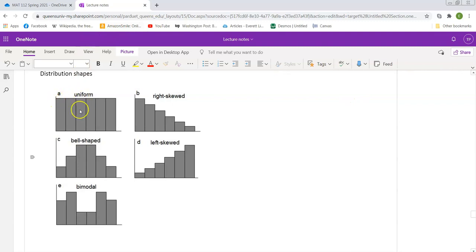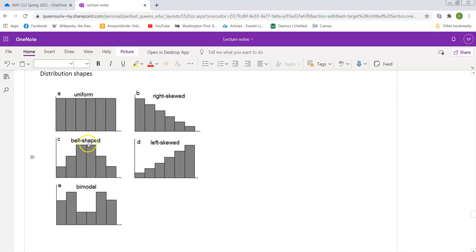So if all of the values here are equally likely, you might have a uniform distribution. You'd be likely to see that if you were rolling a fair die over and over again. You'd probably see 1s and 2s and 3s all about the same frequency.